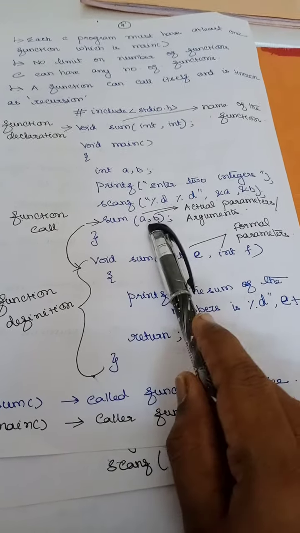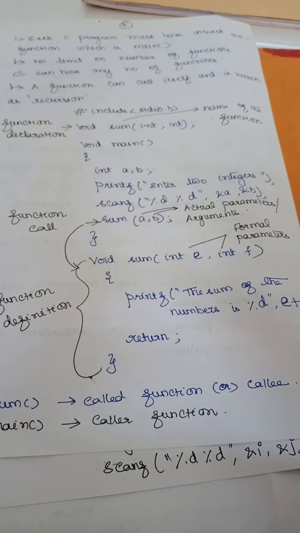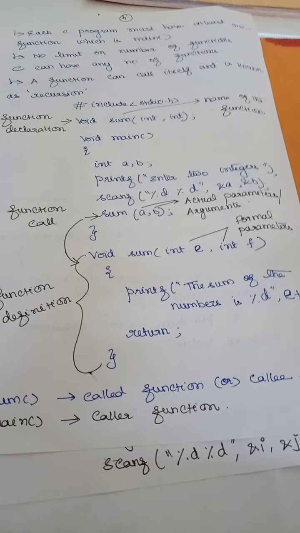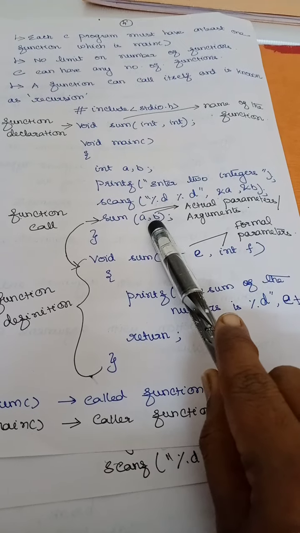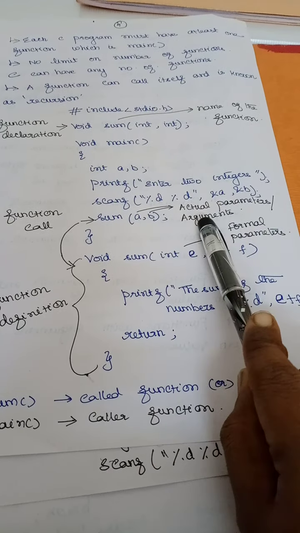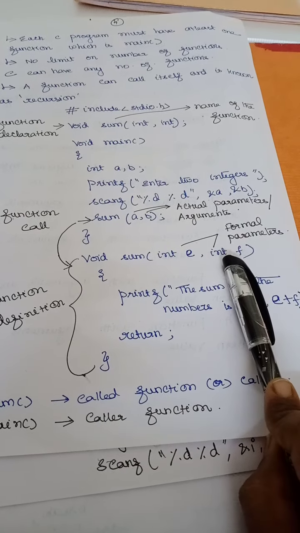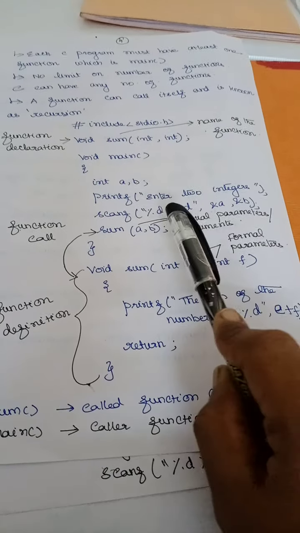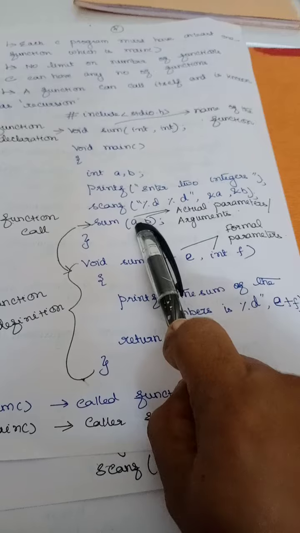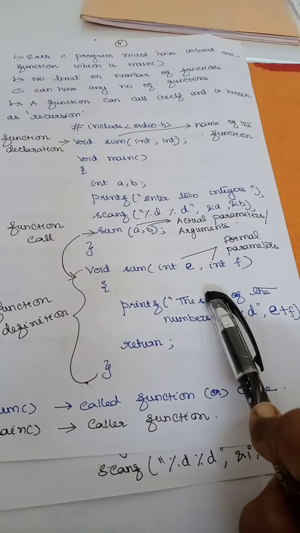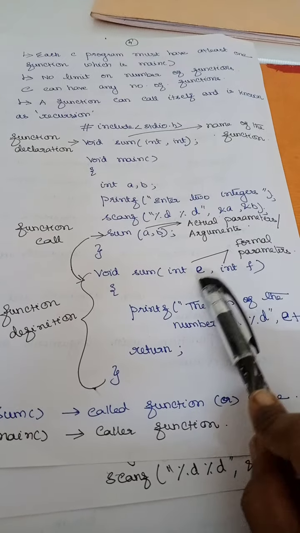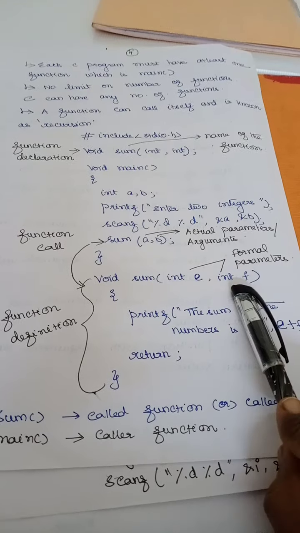Right? So when you see here, we have got two new terms. One you are going to call as actual parameters or arguments. And this I am going to call as formal parameters. Actual means here it is an actual value that I am going to pass. And these are all going to be the formal parameters.